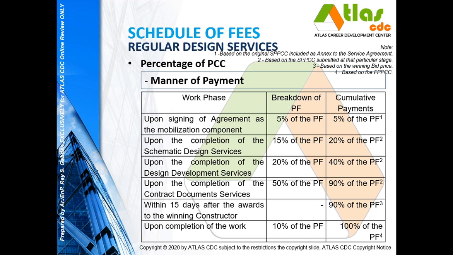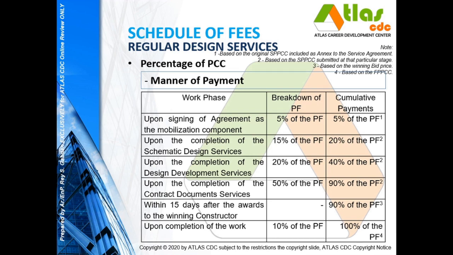Now, upon completing the contract document services, your total fees should now be at 90% of the professional fees. Now, when you complete this particular phase, the reference for your computation of the SPPCC, or the estimated project construction cost, is more reliable, because you now have the drawings as well as the specifications.